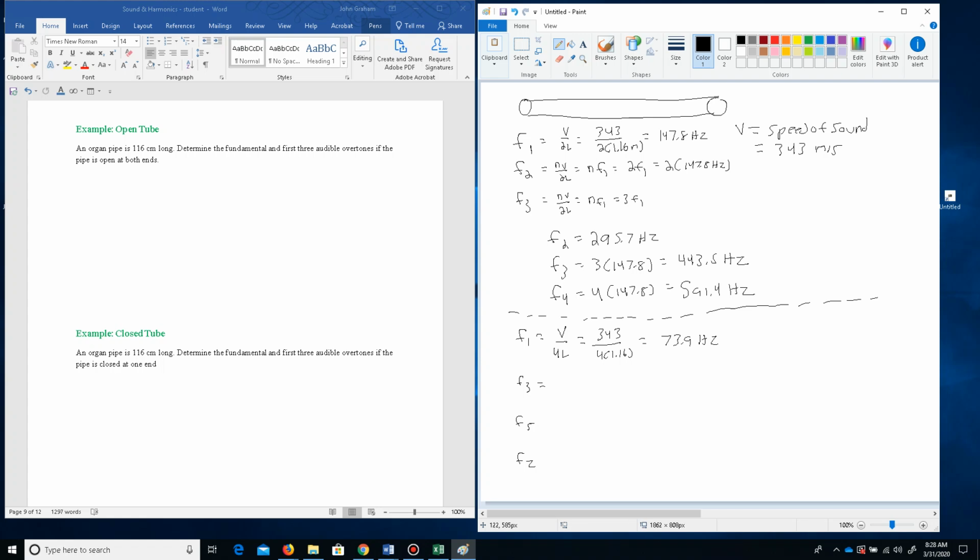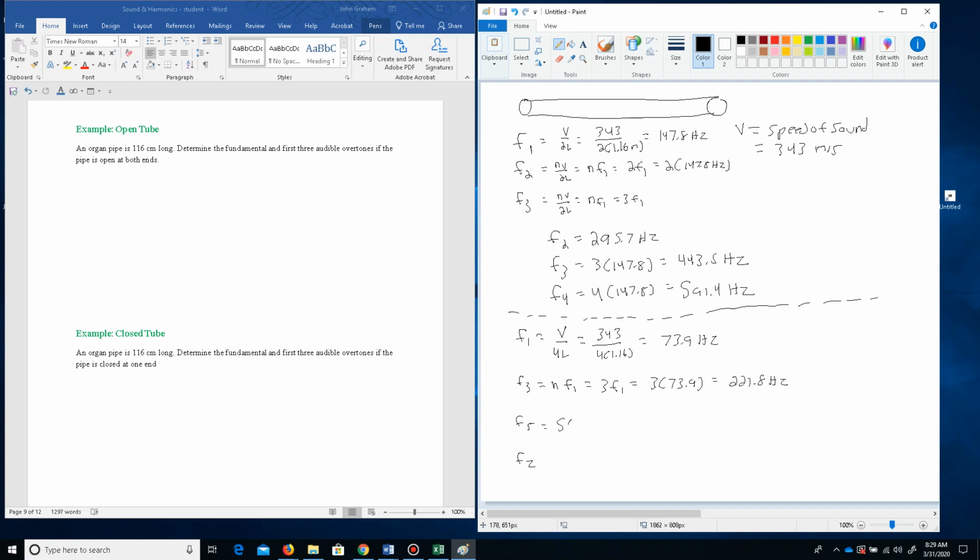And then each one after these is just n times our frequency of 1. So 3 times the frequency of 1 equals 3 times 73.9, which is 221.8 hertz.